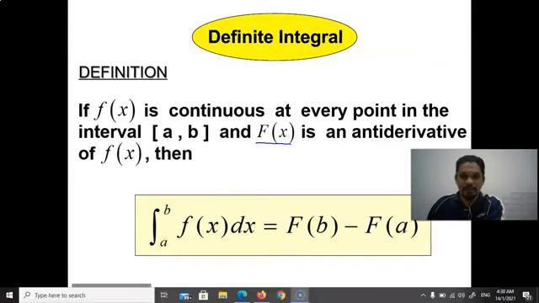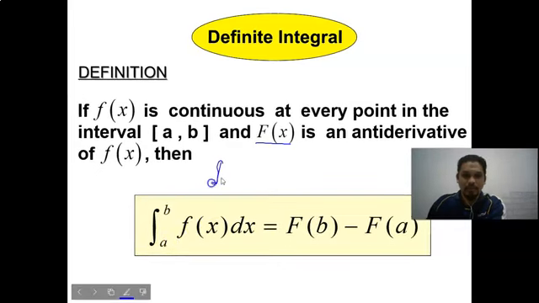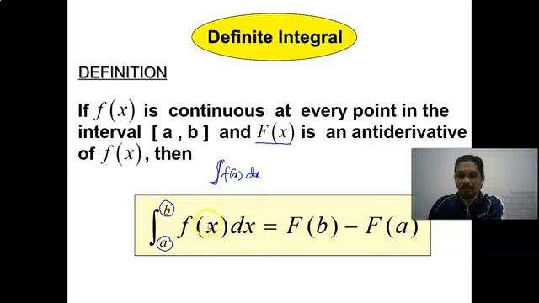So then, last time we only looked at the integral of the function f(x) dx, without any values given. Now for the definite integral, they give you the value of x from a until b, and once we substitute the value of x into the function that we integrate, we get F(b) minus F(a). In this case, b is greater than a.